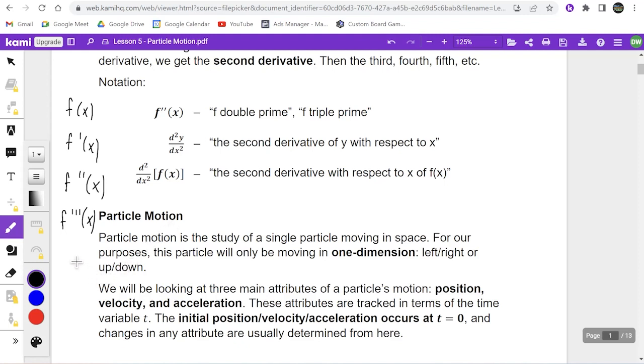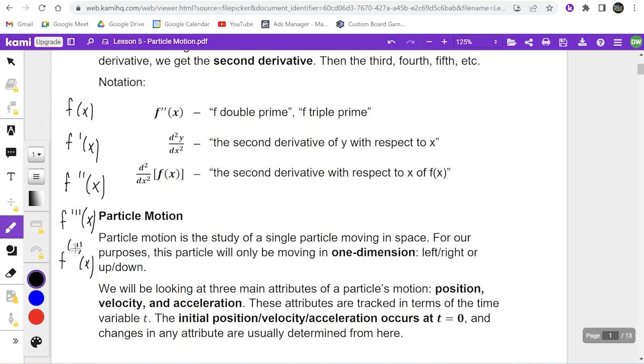I would say the only logical guess, not the only, but the only two logical guesses I can think of from you guys is one, 4 tally marks anyway, or two, a Roman numeral 4. That's what I guessed when I was in your shoes. As it turns out, the correct answer of what calculus people, math teachers do, is anything past the third derivative, you just put the 4 or the 5 or whatever in parentheses.